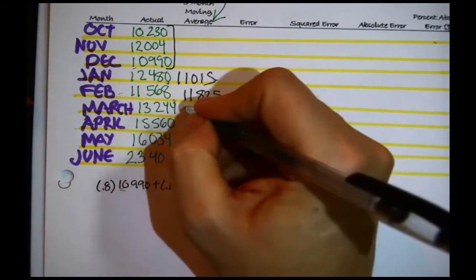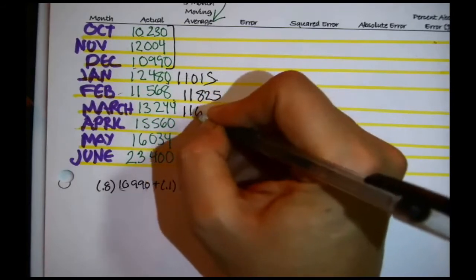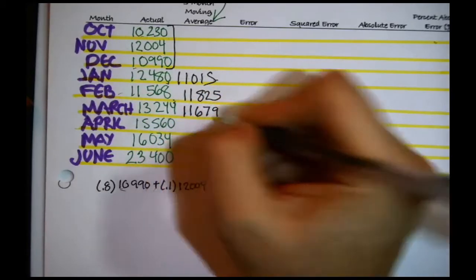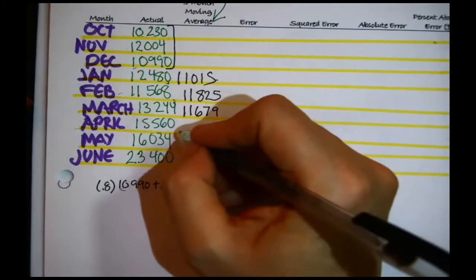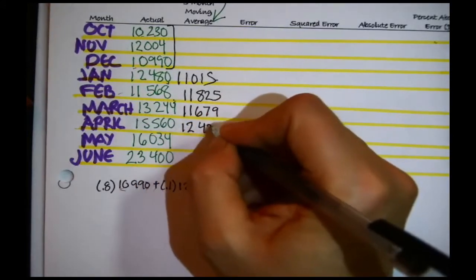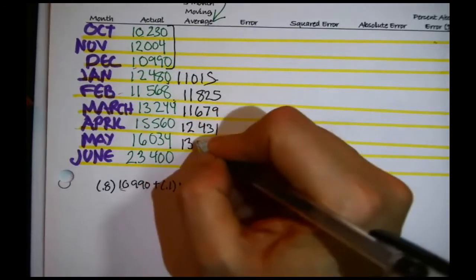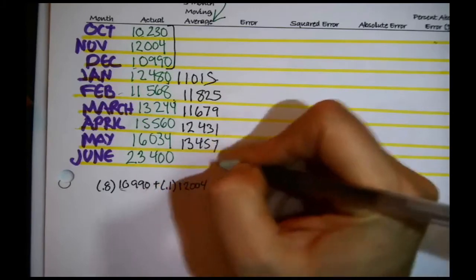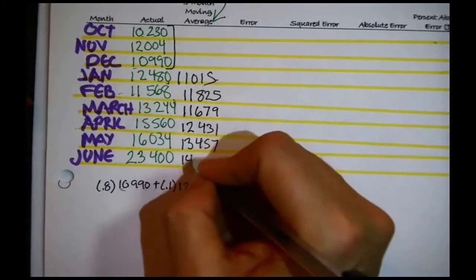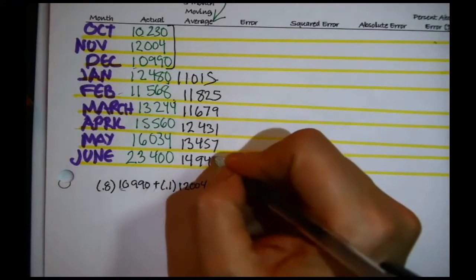Here's what I got as a forecast for March, 11,679. For April, a forecast of 12,431. For May, a forecast of 13,457. And for June, a forecast of 14,946. All right, those are the forecasts.